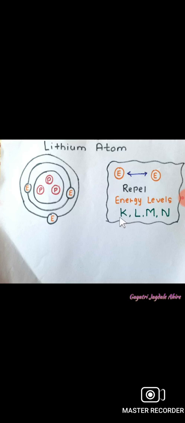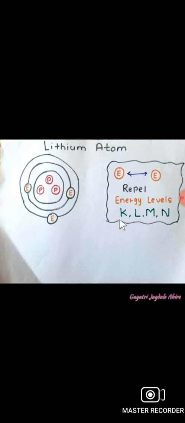So, if we decide to summarize the lecture, what have we learned? We have learned that an atom is made up of 3 particles: proton, electron and neutron. Secondly, we learned that an atom is electrically neutral as a whole because the number of protons is equal to the number of electrons.